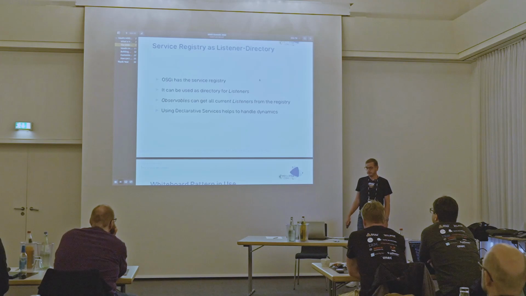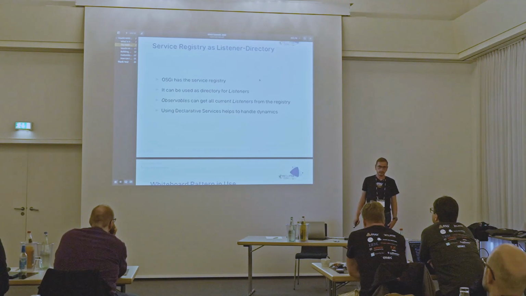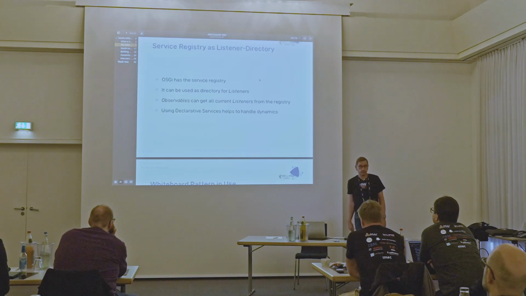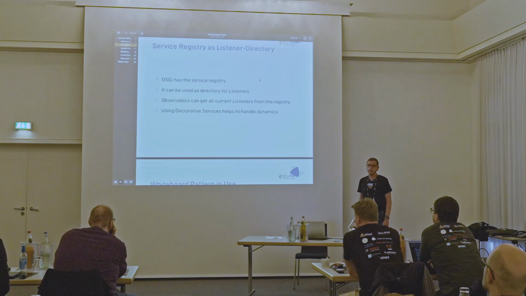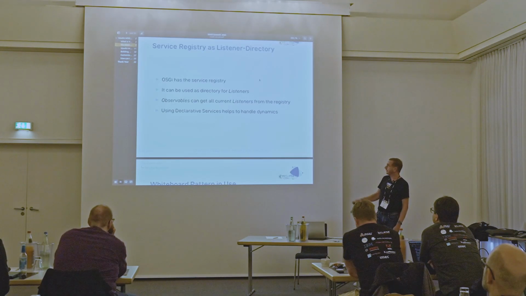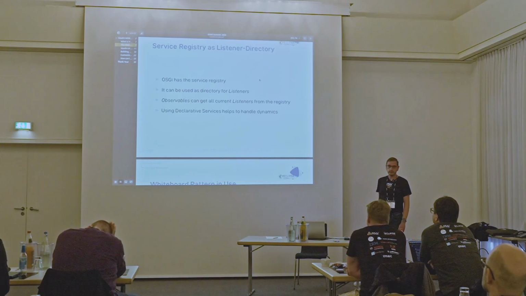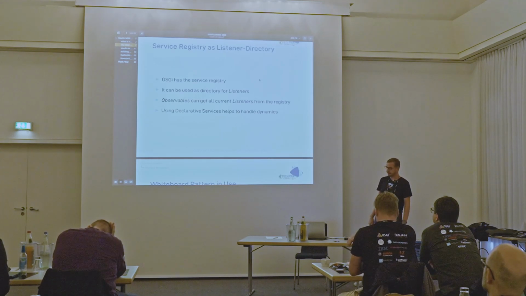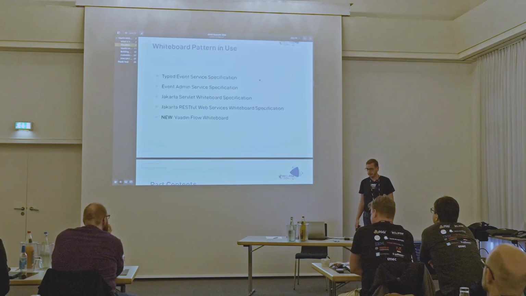And at the same point, we get informed about when listeners go away. So we always know what the current state is. And if we then use declarative services in the end, we don't have to deal with that. We have the callbacks and the declarative services handle that dynamics for us.